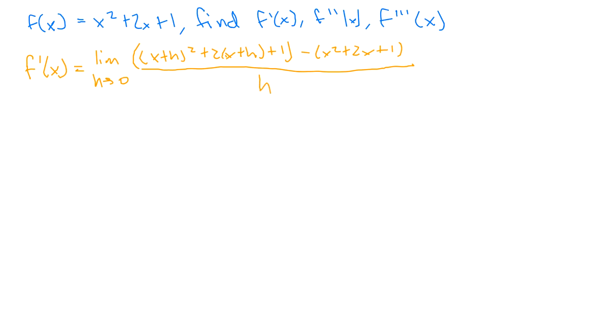Of course, let's start distributing and simplifying as much as we can. Now we're at x squared plus 2xh plus h squared plus 2x plus 2h plus 1 minus x squared minus 2x minus 1, all over h. Let's cancel out any terms we can: the x squared, the 2x, and the 1.